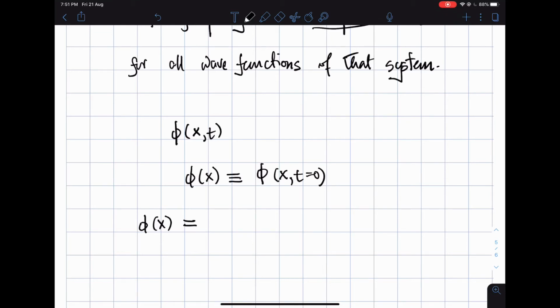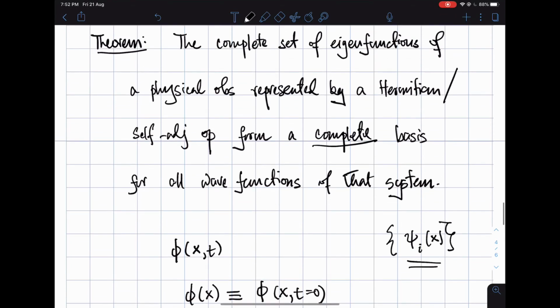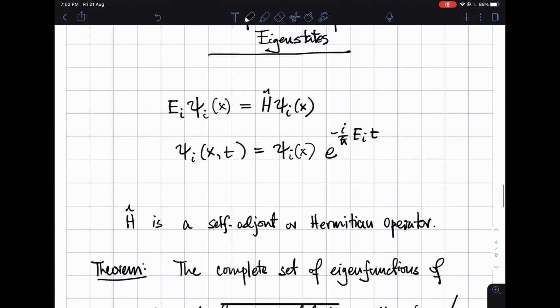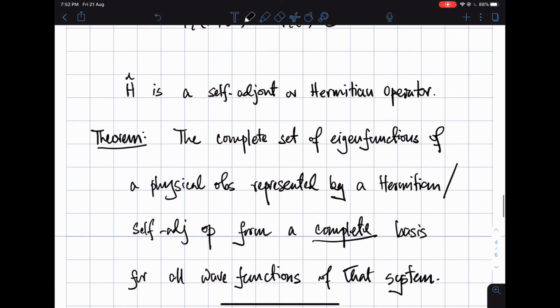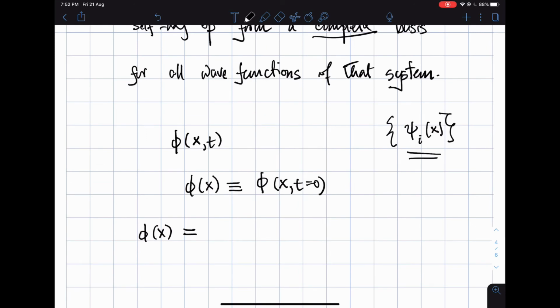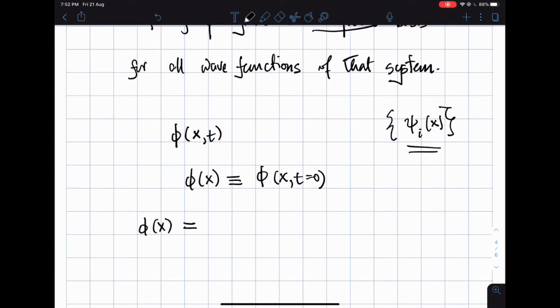So if we take all the eigenstates of the Hamiltonian operator, which is psi_i of x, so these are essentially the solutions to this equation, then we can write psi of x to be a linear combination of all the energy eigenstates.